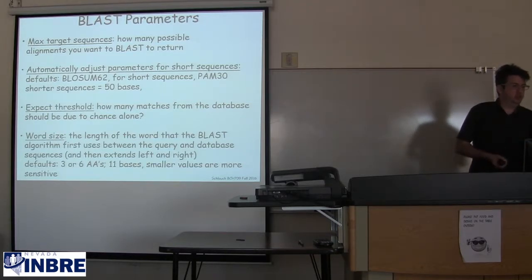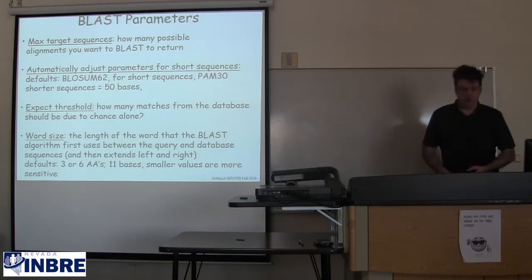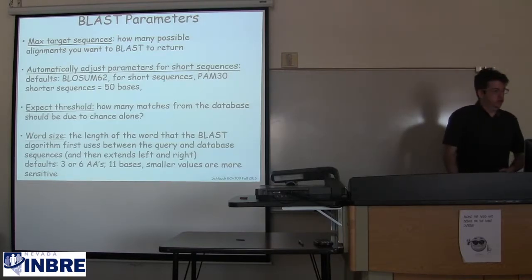You can choose to change the number of target sequences that will be shown to you so you don't get overloaded with them. You can ask it to automatically adjust parameters for short sequences. You can change your e-value threshold so that you don't see things higher than a given number. You can change the word size.